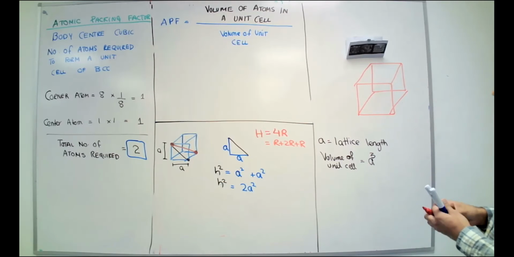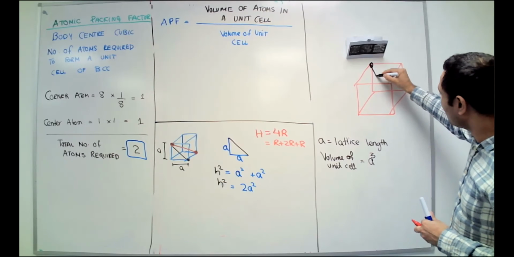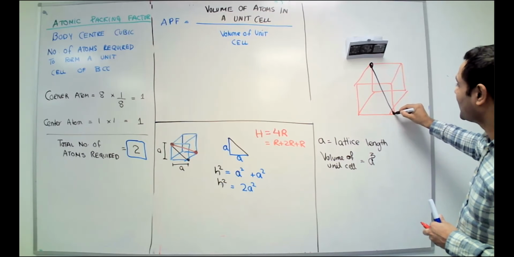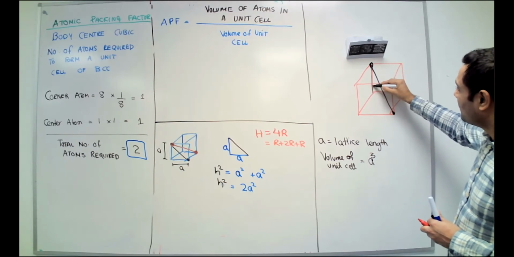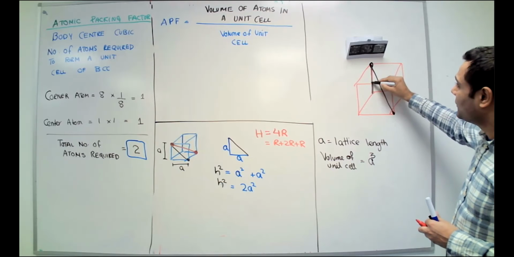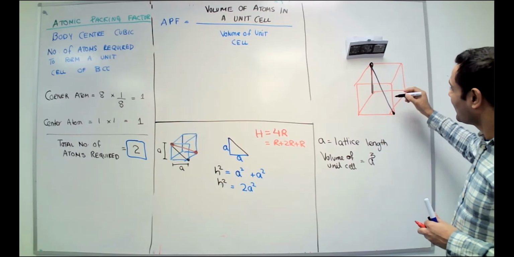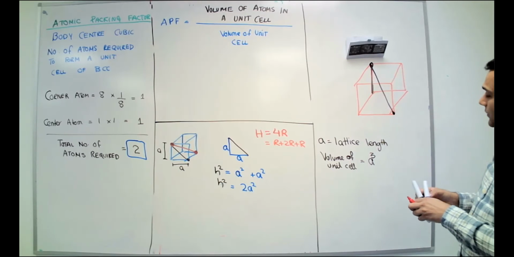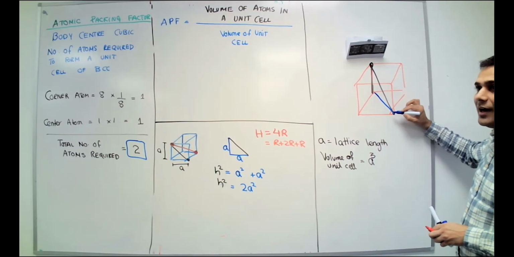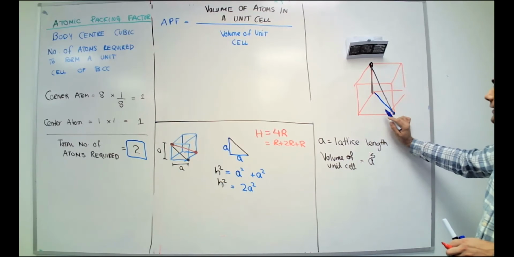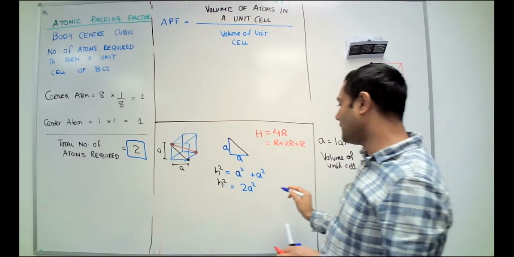I have the big diagonal from this corner to that corner. That's the big diagonal I got. I already know this value because this is the A. But what about this value? This is the face diagonal. I already calculated this face diagonal. What's the value of this face diagonal?